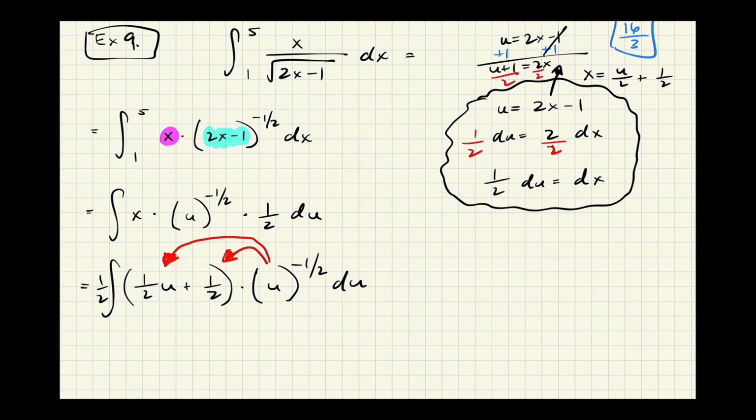I had that x left over that I couldn't cancel out. So what I did was I found what x was equal to using u. If u is equal to 2x minus 1, I added 1 and divided by 2, and I found this. So that's what I plugged in over here.